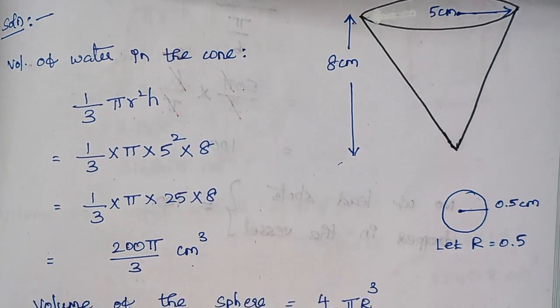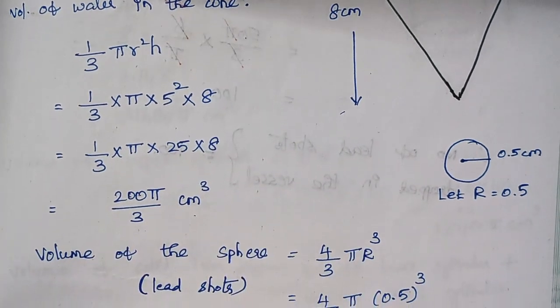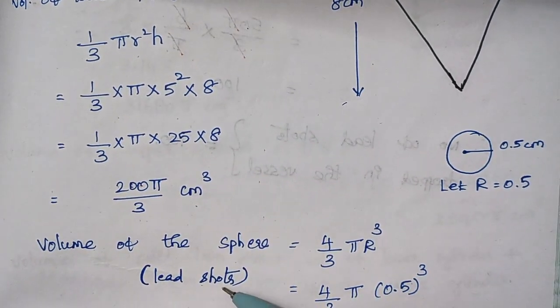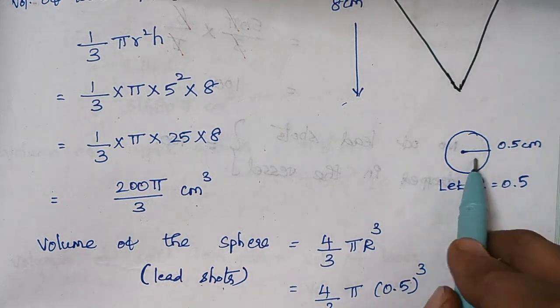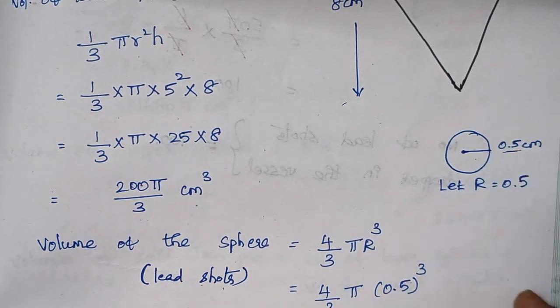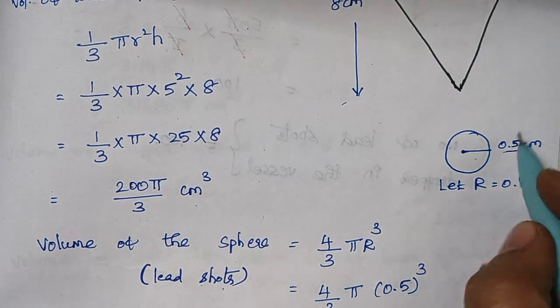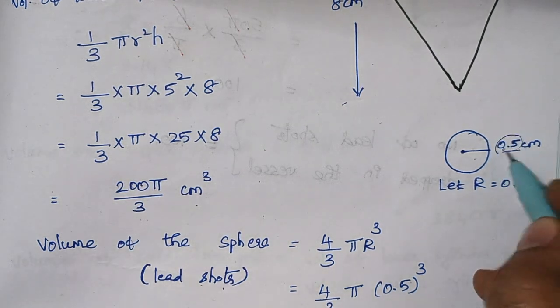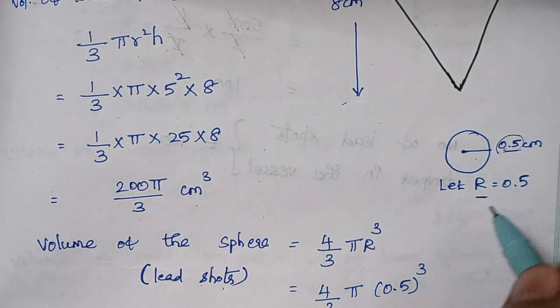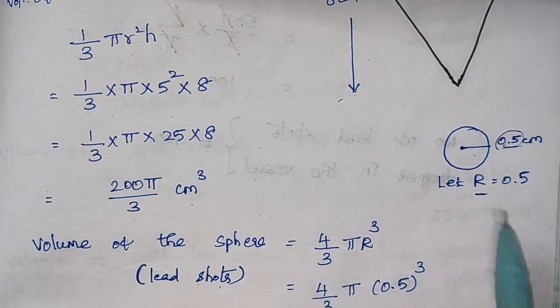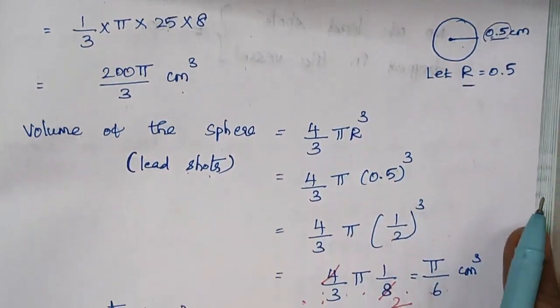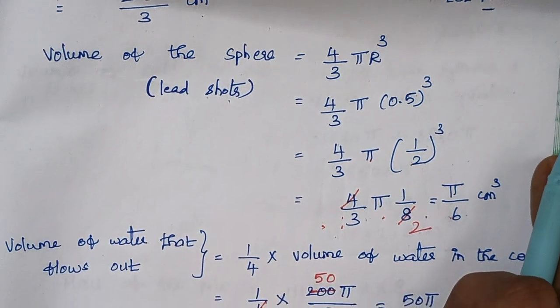Now, we are going to calculate the volume of the sphere because lead shots are in the shape of the sphere and the radius is given as 0.5 centimeter, right. So, let us denote the radius of this sphere as capital R. So, here the volume of the sphere is given by 4/3 pi r cube, right.